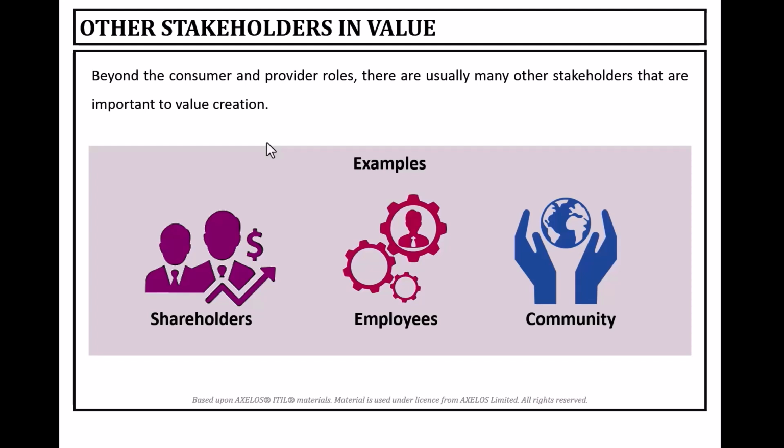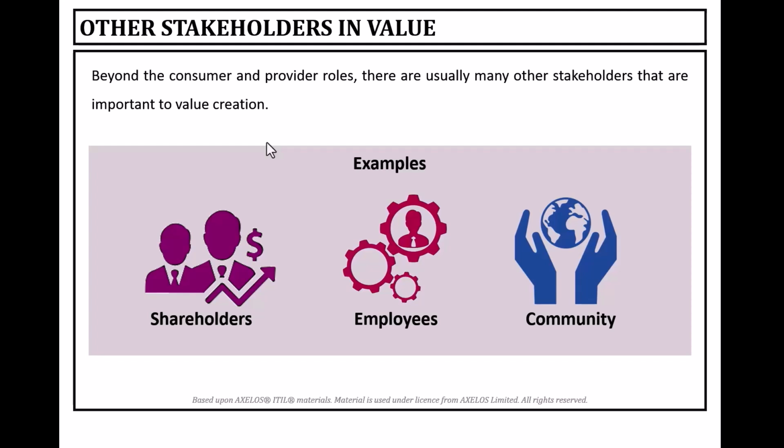Here we see three examples of common stakeholders: employees, shareholders, and community. So for example, we could consider employees a direct stakeholder, shareholders an indirect stakeholder, and community as influencing stakeholders. And these three stakeholders have different goals.